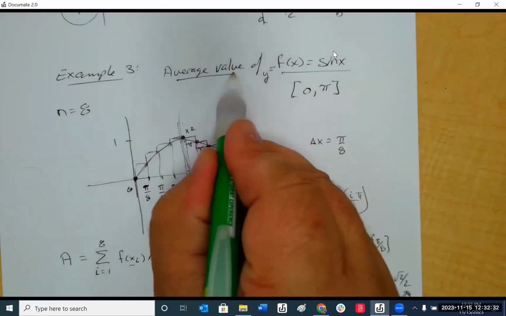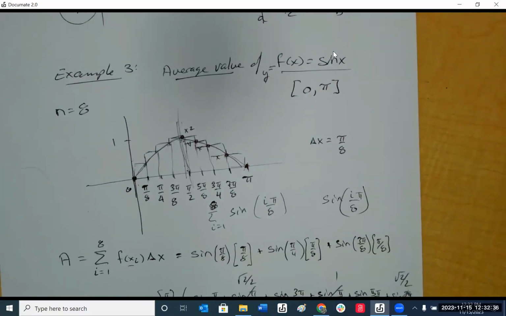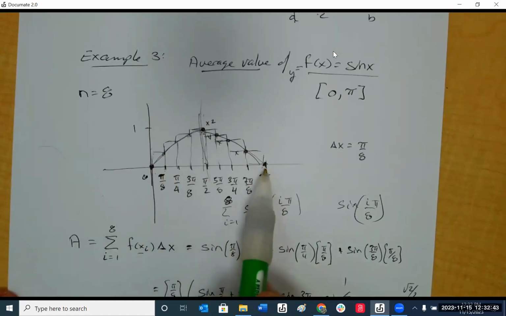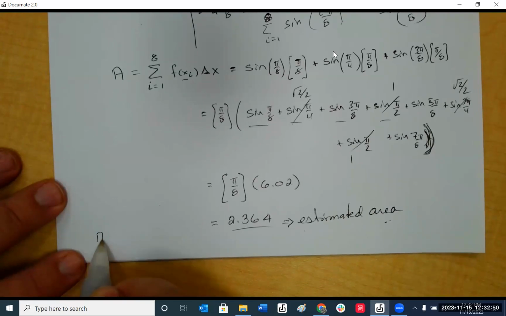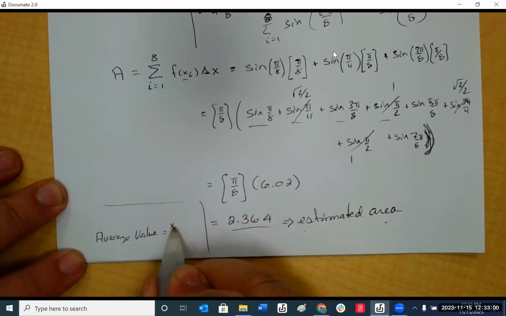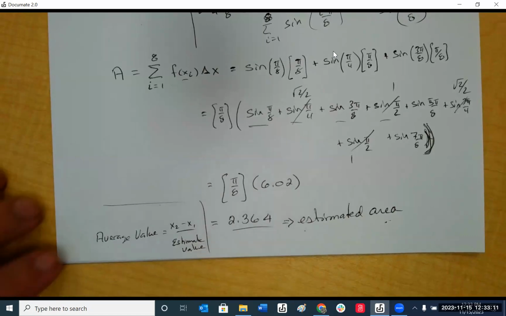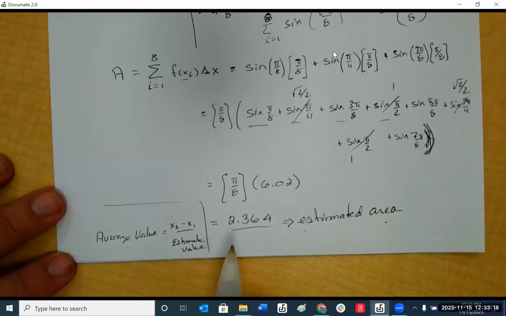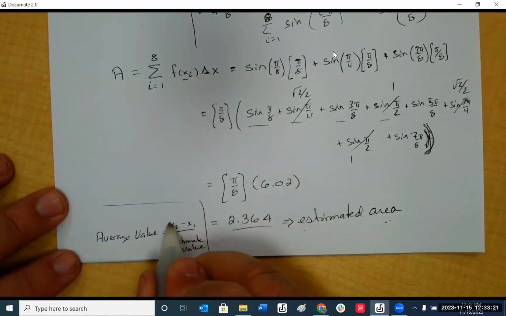Okay. We have to find the average value. So we take this estimated area, and since our bound is from 0 to pi, our average value is equal to the x sub 2 minus x sub 1 over our estimate. So our x2 minus x1, that's our bound. This is b minus a.